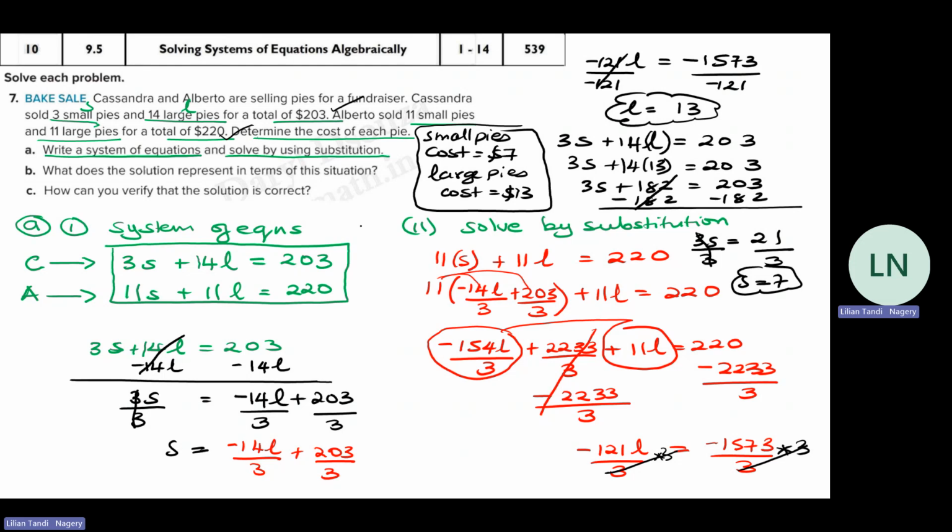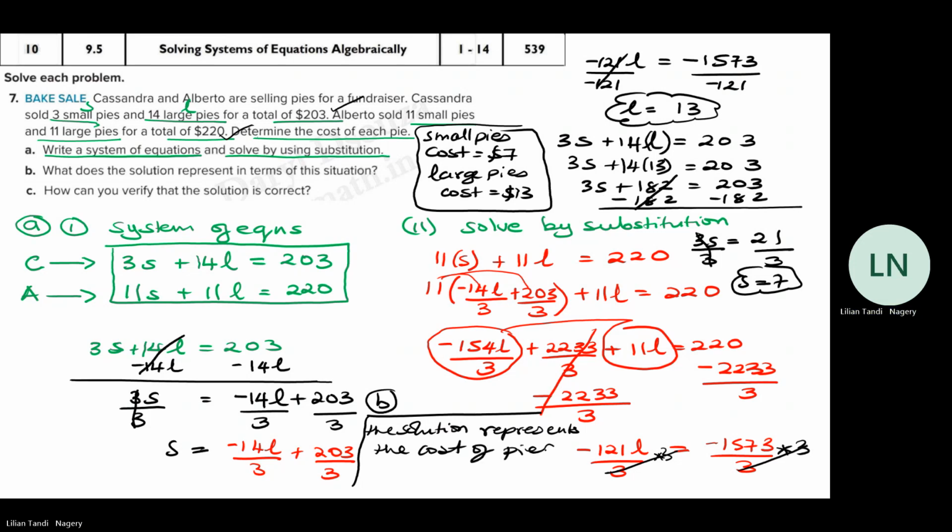I don't have space, so I'll write it here. The solution represents the cost of the pies they each sold at. So Alberto sold his small pies at 7 and his large pies at 13. Cassandra did the same thing too. Okay? So that was B.